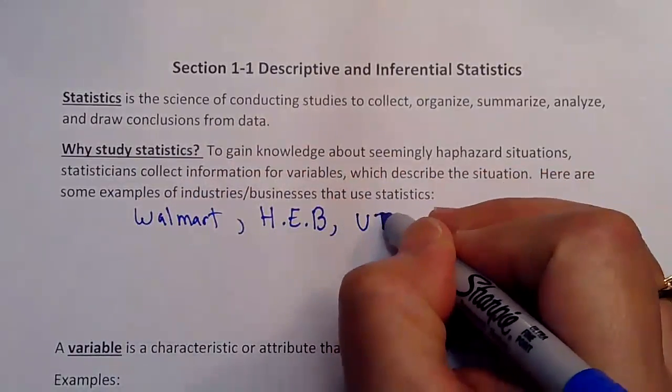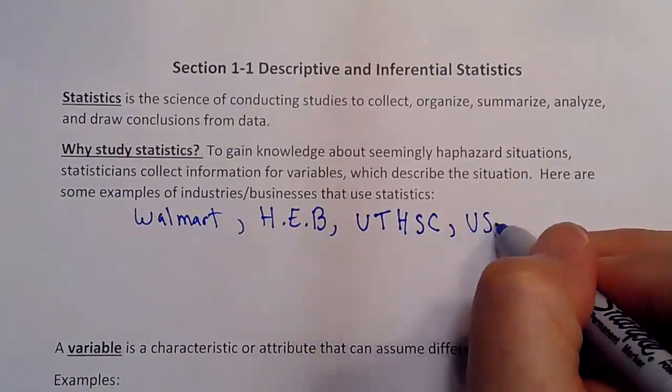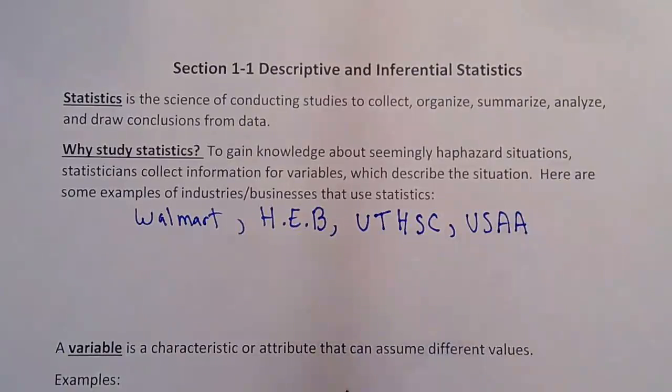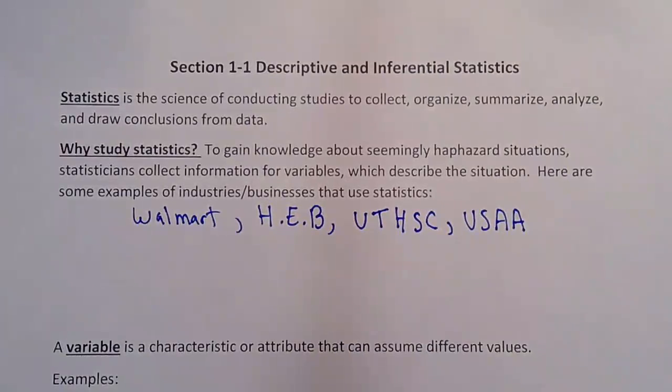The UT Health Science Center, for example, USAA. These are all local. Most large industries and businesses do pay statisticians so that they can be aware of situations to keep the environment safe, or also to improve business and the environment around them in their stores.